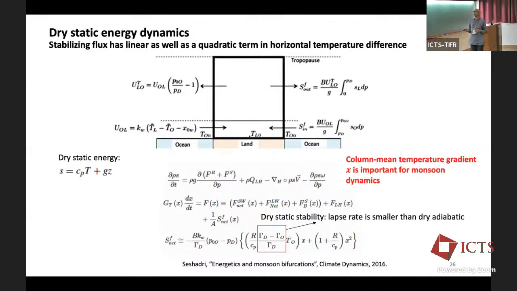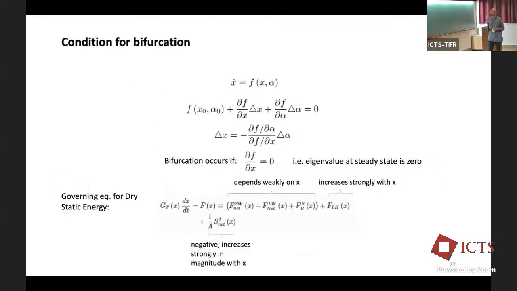The idea is that to first order, the stratification, the vertical gradient in dry static energy, doesn't depend on the horizontal winds. And so you end up having a term that's also linear in X, and X is just a measure of the strength of the monsoon circulation or the wind speed. And it turns out that the accounts of monsoons as tipping points focused on this horizontal advection term and neglected this term. And this makes all the difference to conclusions about whether monsoons are tipping points.